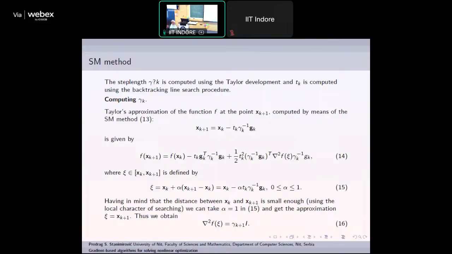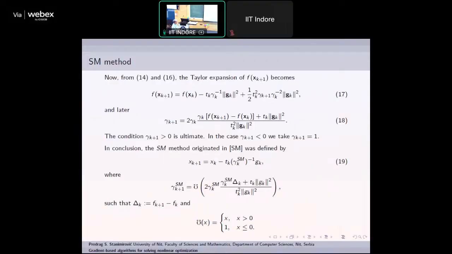Make a second order Taylor expansion, use the point in the middle between two successive approximations, xk and xk plus 1, and obtain a rule for how to compute gamma k during the iterative steps.